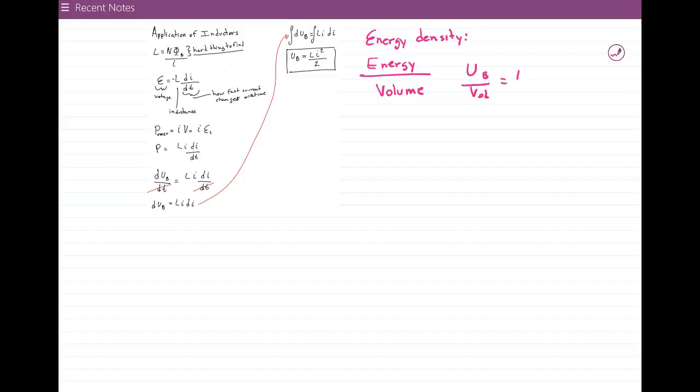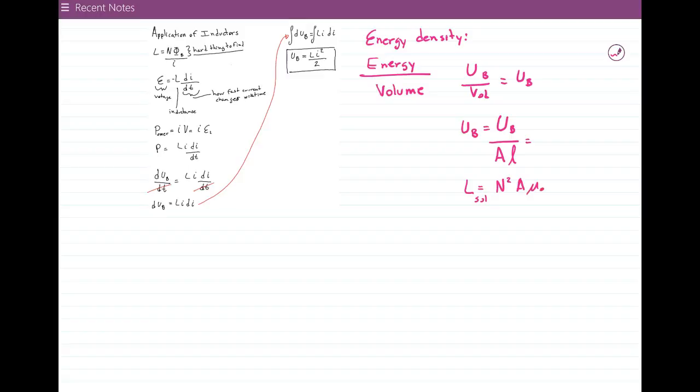And let's do this. Remember, we found L for a solenoid last time, the inductance. Can you help me out here? What was it? Capital N squared something? Capital N squared A, all over l. Okay.